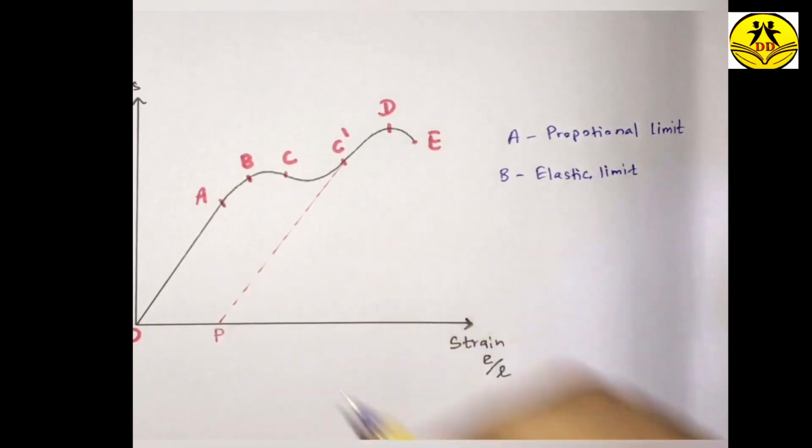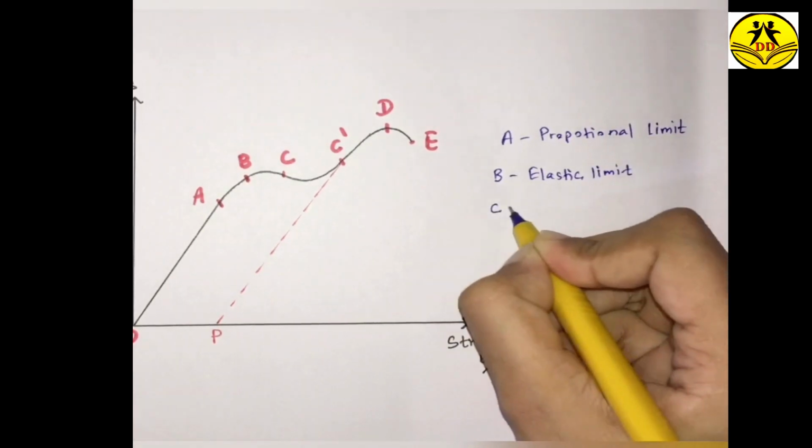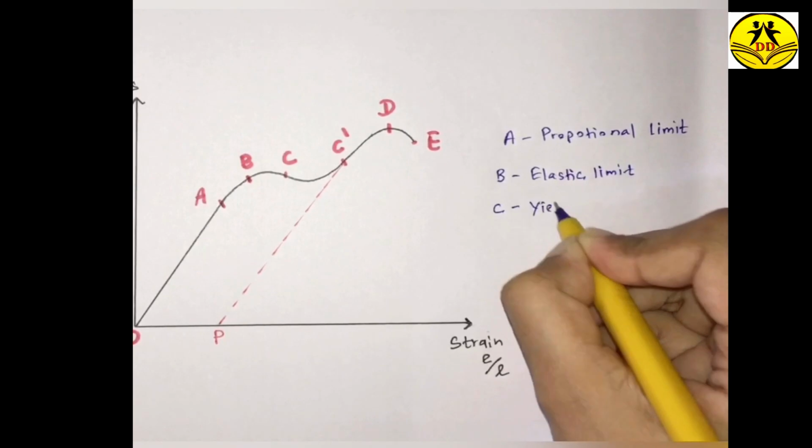It will come back here along the graph. That is why it's called the elastic limit. It shows the elastic property. And when the force is further increased, it comes to the point C. It is called the yield point.